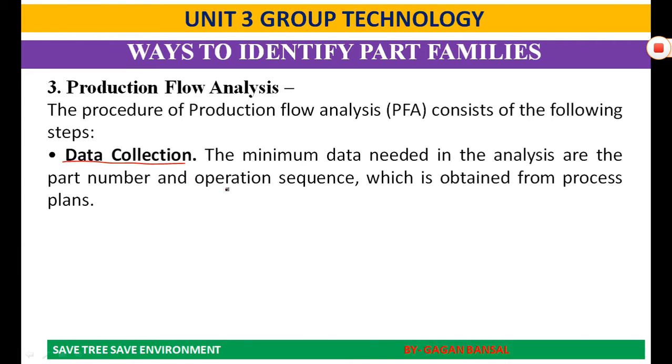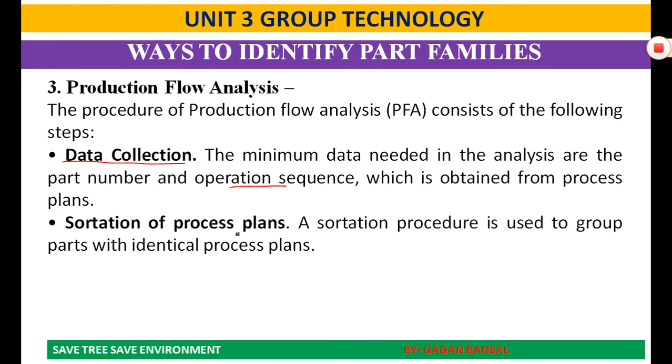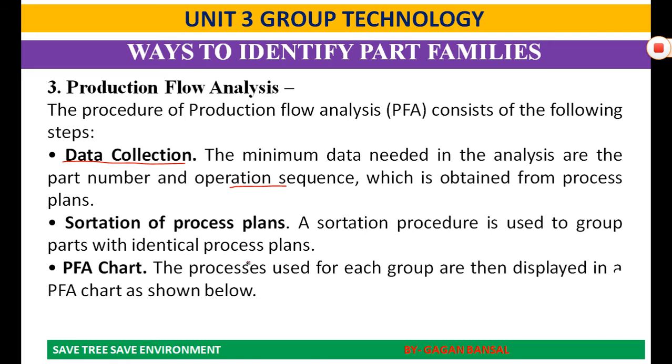The minimum data needed in the analysis are the part number and operation sequence, which is obtained from the process plan. Then comes sorting of the process plans. A sortation procedure is used to group parts with identical process plans. Then last, we draw the PFA chart.